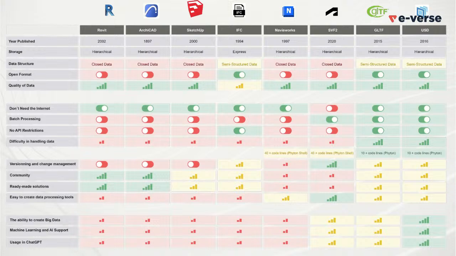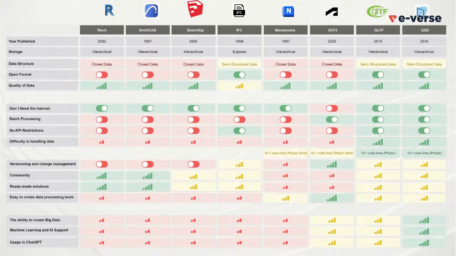And the problem is, for this we decided to analyze the formats that are out there in the market. And the thing is, even when the IFC, for example, is topological and it's really good, it was not really good in terms of the 3D quality of the format itself.